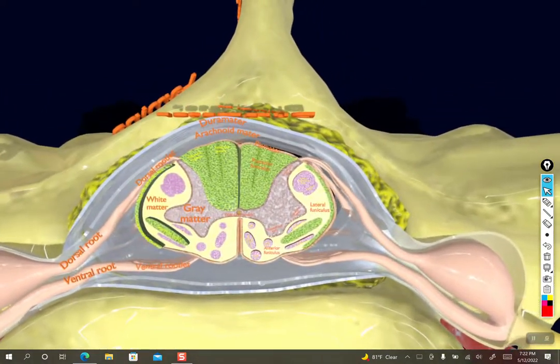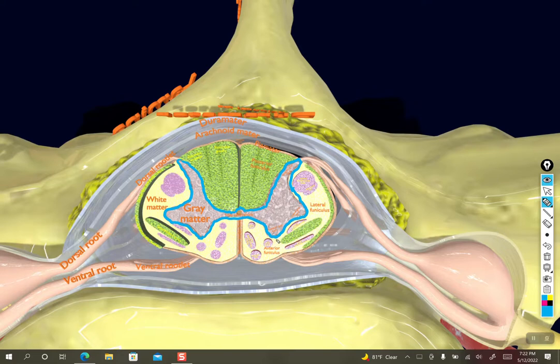Okay, so one of the first things that you're going to notice is the gray matter here, which is neurosomata, so cell bodies of neurons, and some interneurons and unmyelinated axons and glial cells, is shaped like a butterfly. And the top of the wings of the butterfly touch the edge.